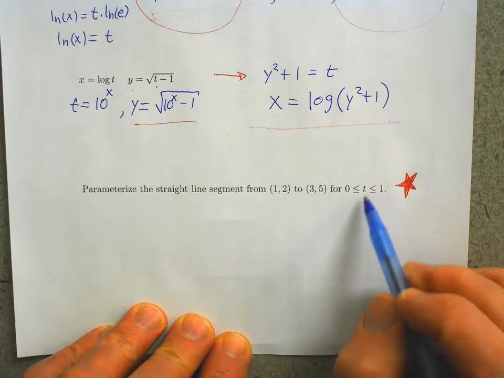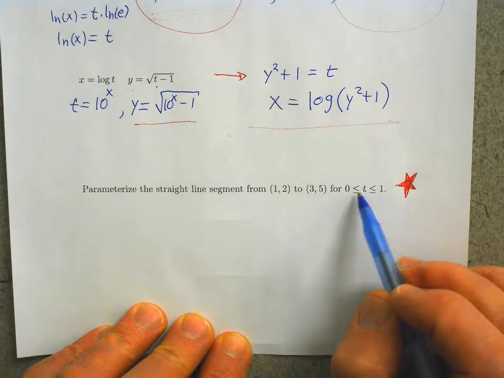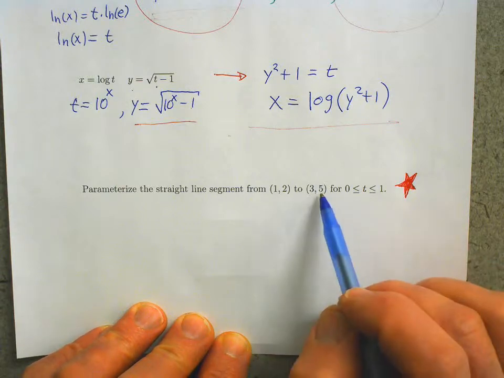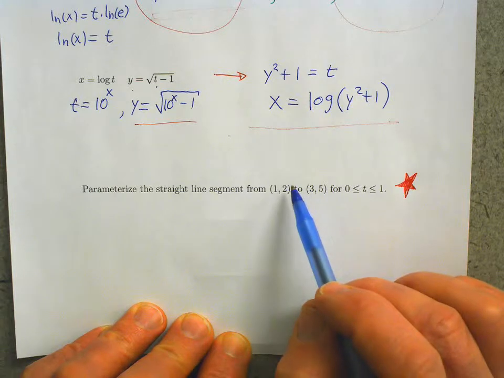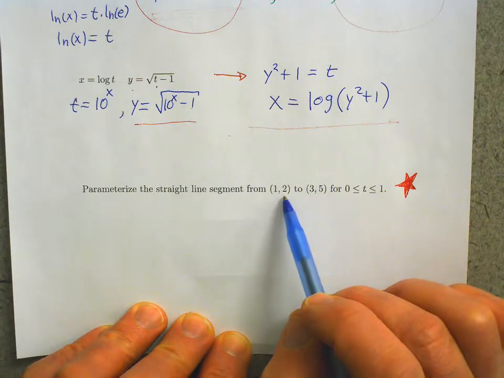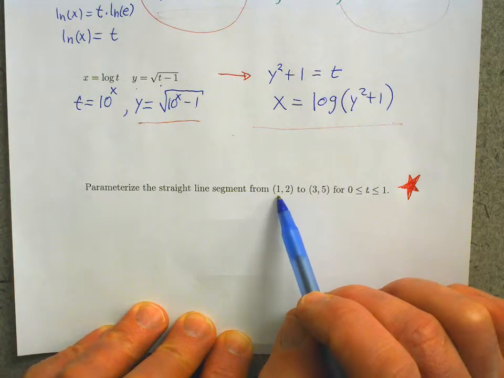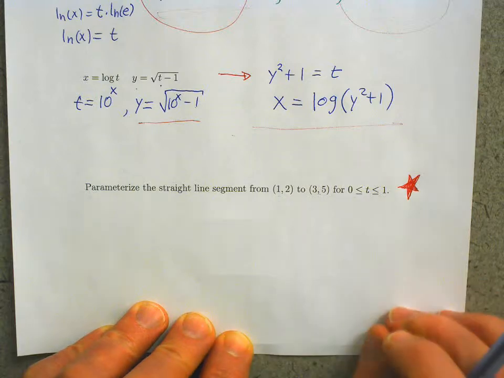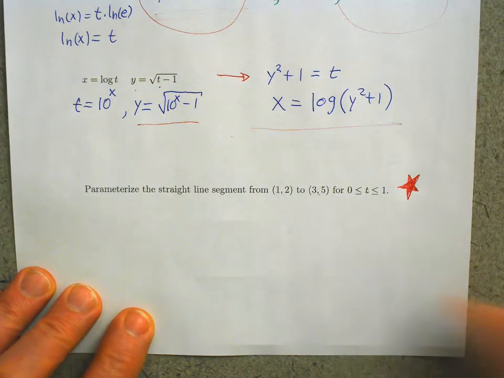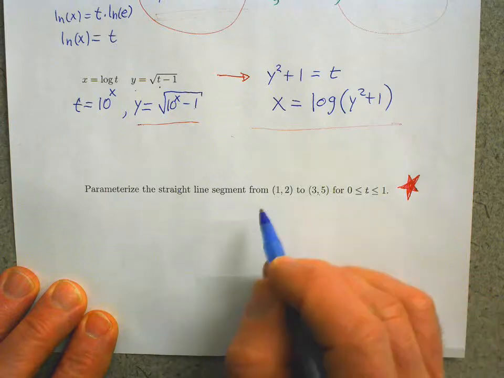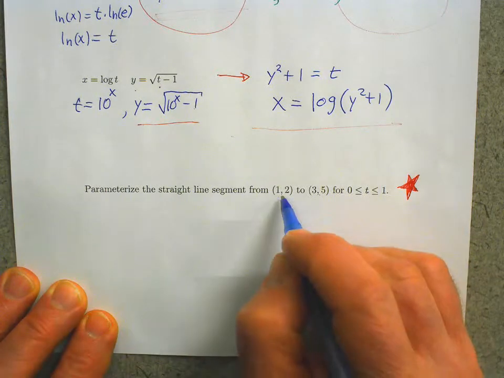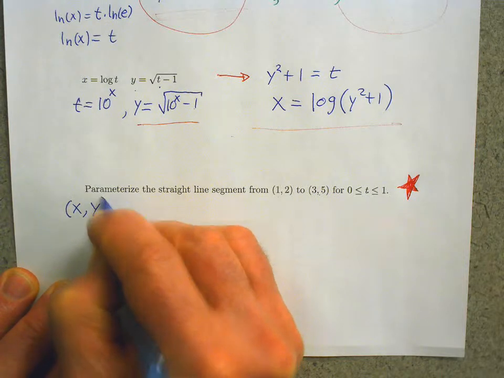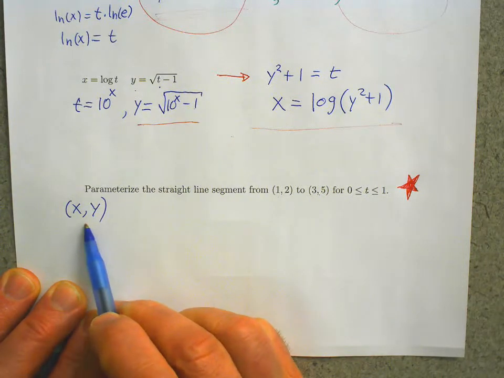And then as the values of t increase between 0 and 1, we're going to hit all of the other points between the ordered pair 1, 2 and the ordered pair 3, 5 on a straight line segment. Each of the points on that straight line segment corresponds to an ordered pair x, y.